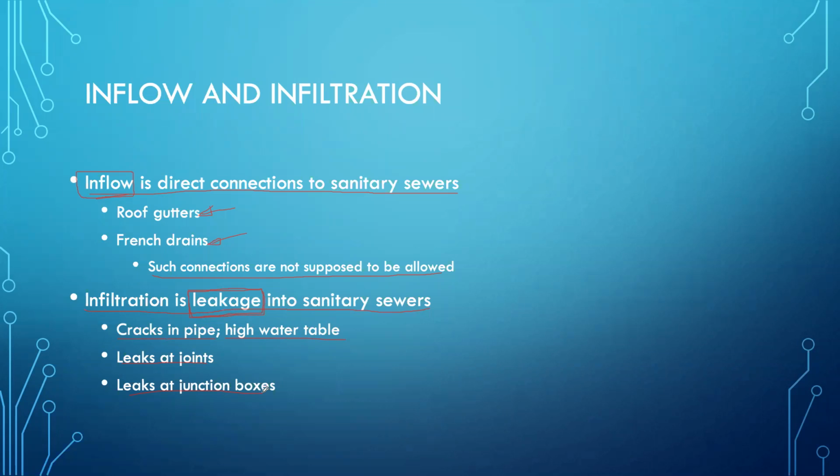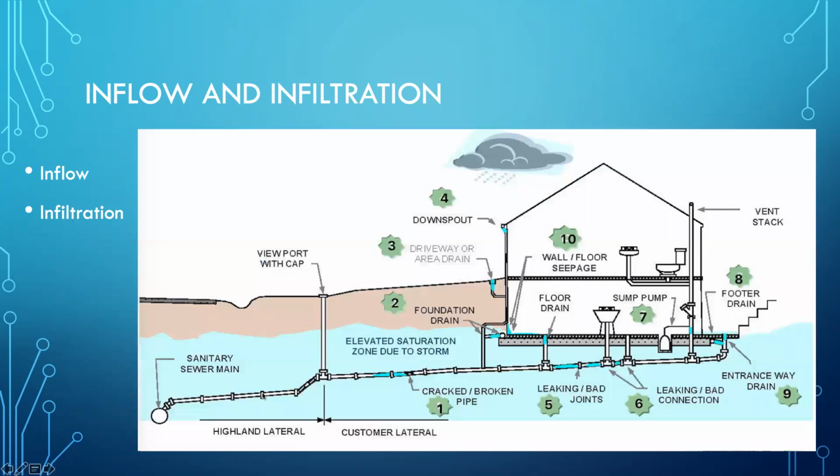When that water gets into the system, it dilutes the sewage. That's a good thing in one sense, but it increases the volumes that have to be managed by the sewer system. And over time, those added volumes from infiltration can overwhelm the capacity of the system. And so that's the main reason for focus on inflow and infiltration.